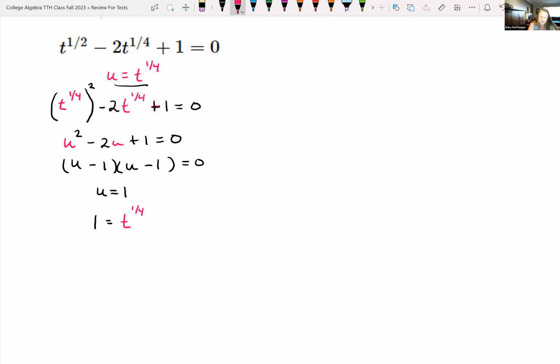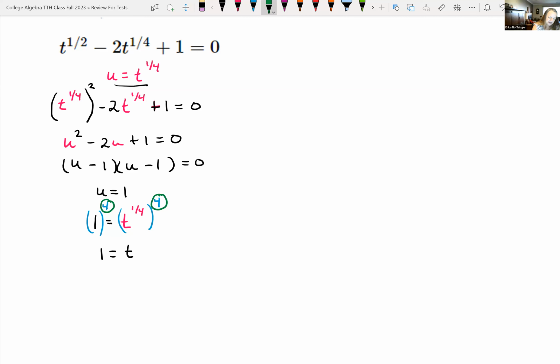Rules of exponents: power to a power is multiplying. So we can raise both sides of our equation to the 4th power. I get 1 to the 4th is 1, equal to t to the 1/4 to the 4th, which is t. Notice that while doing this, I raised both sides to an even power.